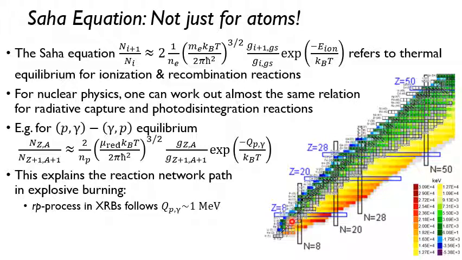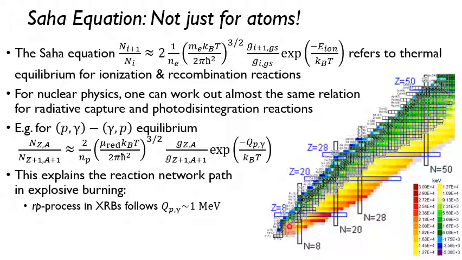The vertical and diagonal black lines are a nuclear reaction network path. This is a sequence of nuclear reactions that happens in an actual state-of-the-art X-ray burst model calculation. And then I have very uglily pasted this on top of a chart of the nuclides, where the color indicates essentially the proton capture Q value. It's really the proton separation energy.